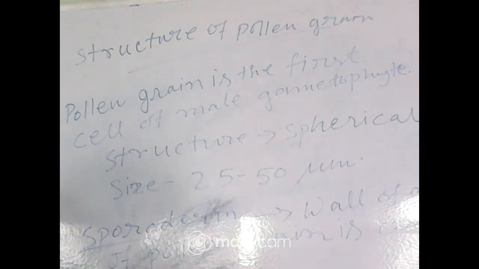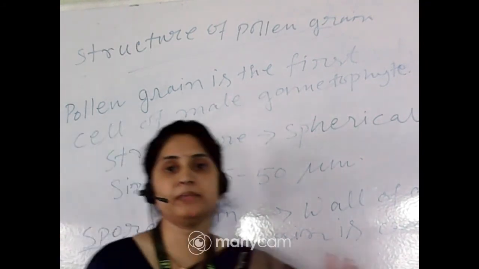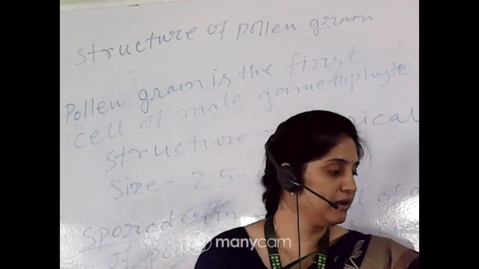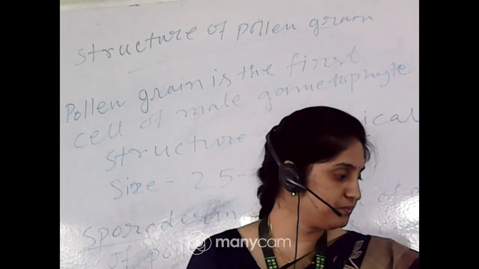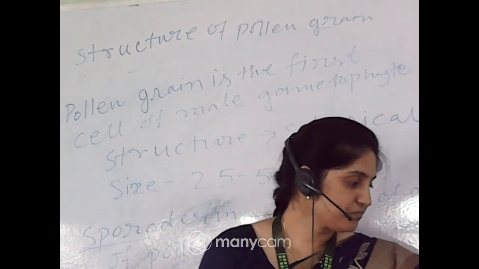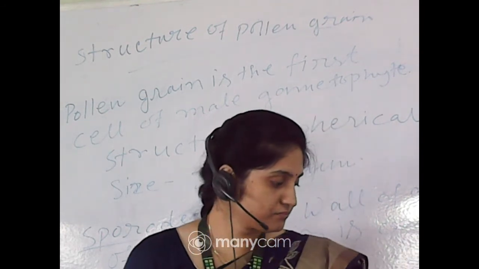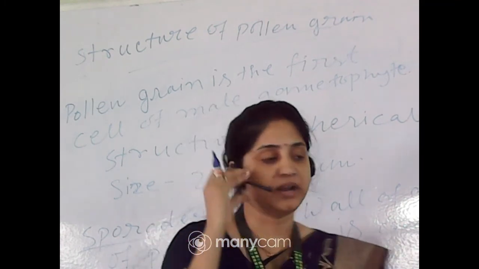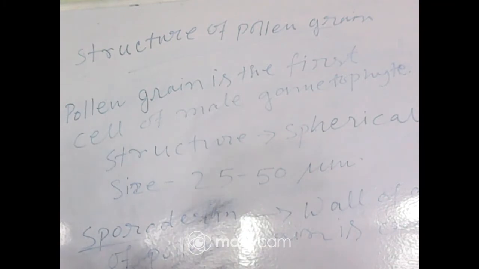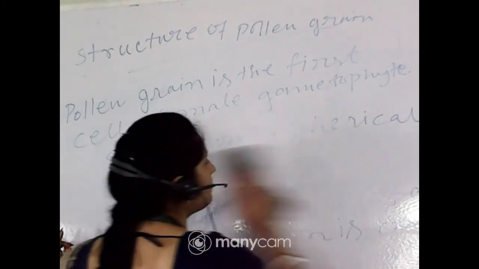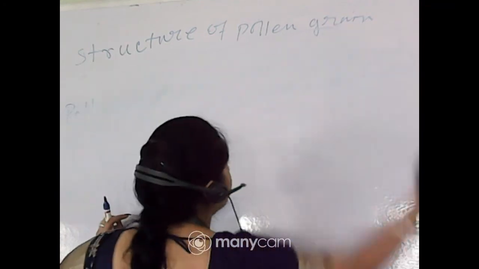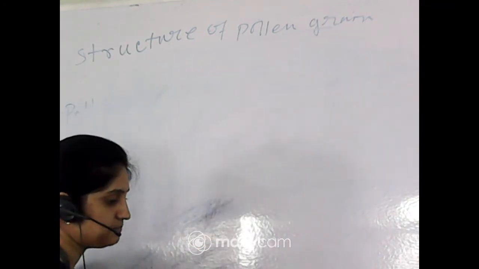So pollen grain is the first cell of the male gametophyte. Its structure is spherical, its size 25 to 50 micrometer, and it is covered by a skin that is known as the sporoderm. Now I will tell you the structure of the sporoderm. Sporoderm has two layers, exine and intine.